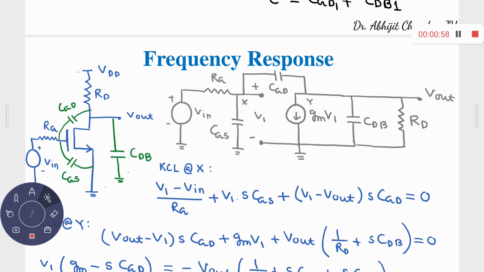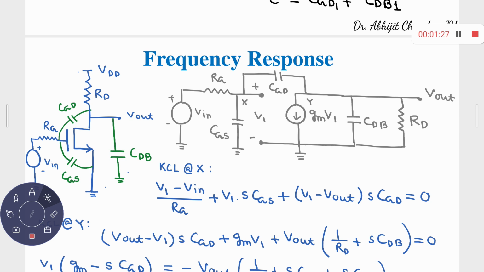Since it incorporates an NMOS device, the body is already connected to AC ground. So there is no capacitor at the source. We have one capacitor between gate and source, another between drain and bulk, and the third between gate and drain. And out of that, this gate to drain capacitor experiences the Miller effect.